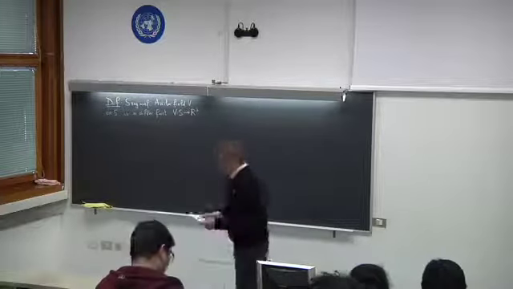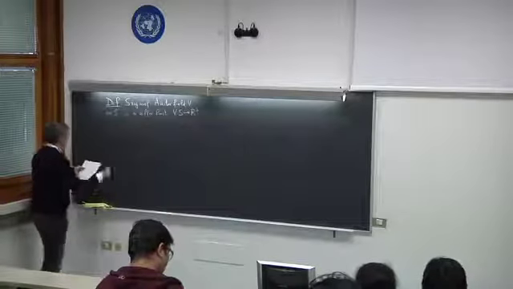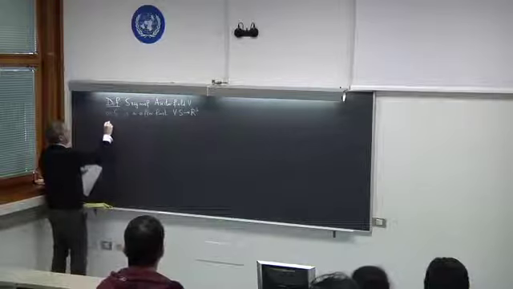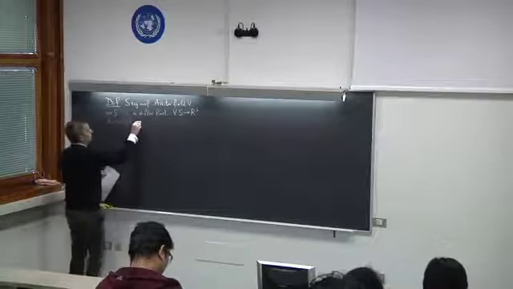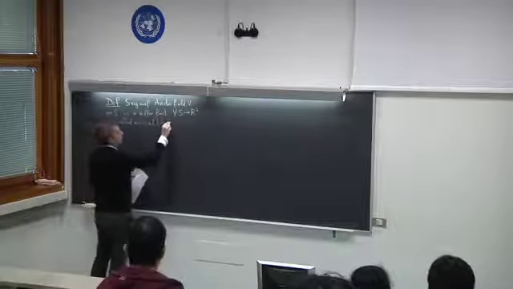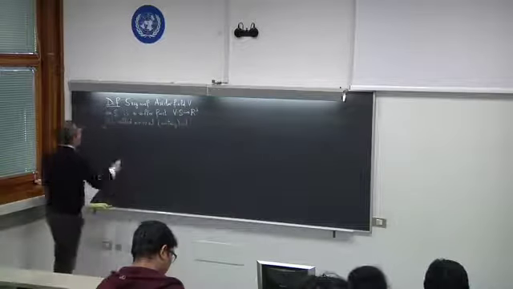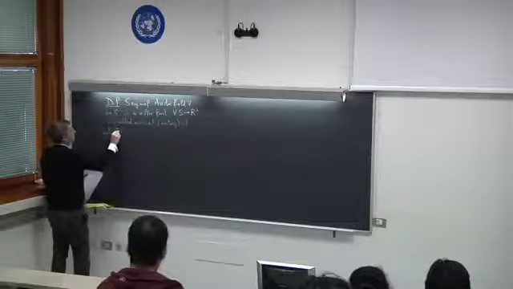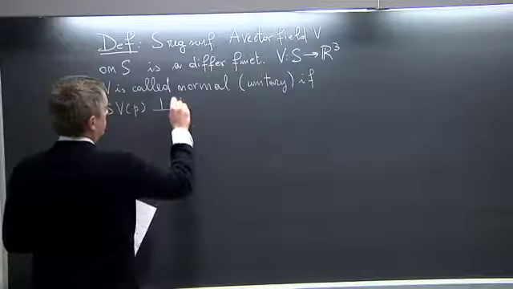Now, in fact, just to complete the definition, because often this will come up, a vector field V is called normal and unitary if V of P, for any P in S, is orthogonal to the tangent space.